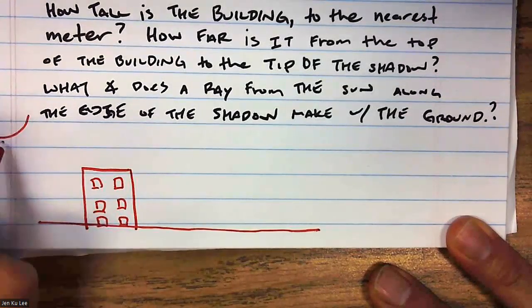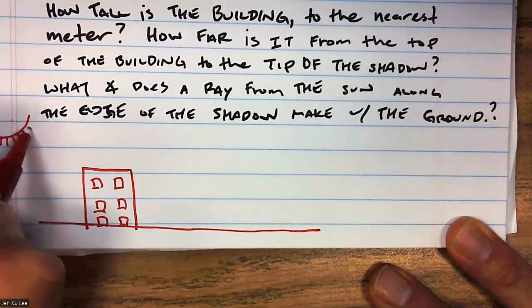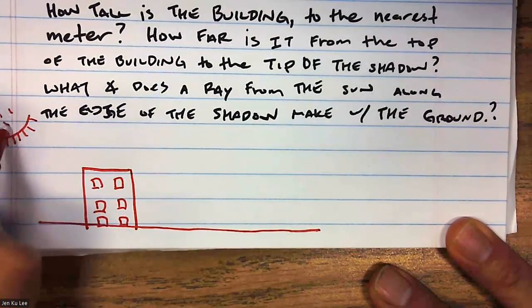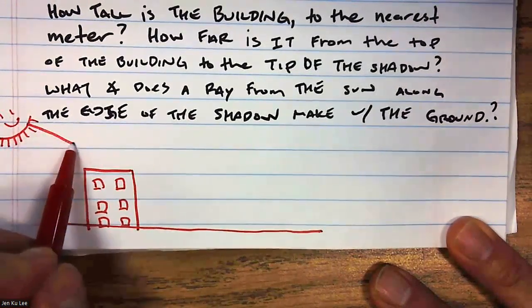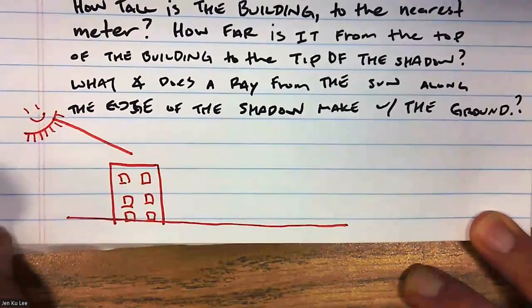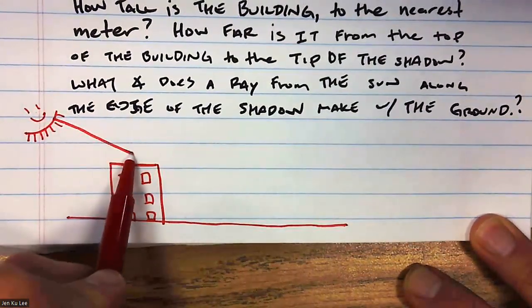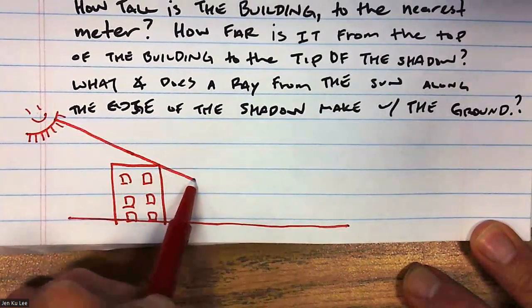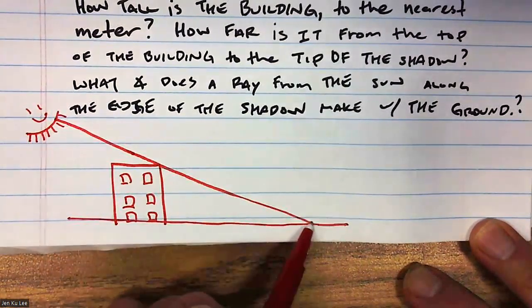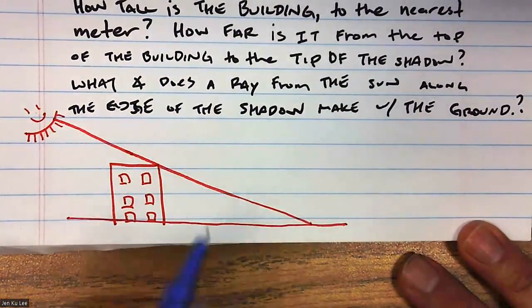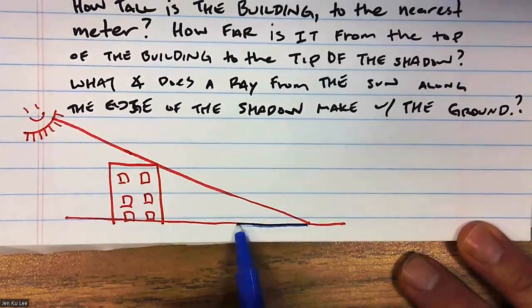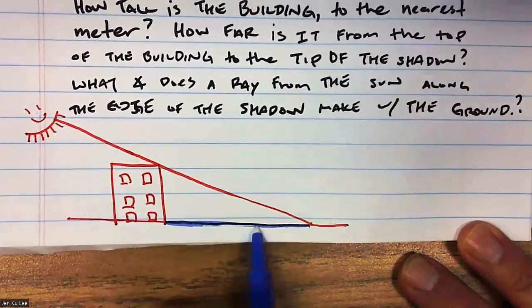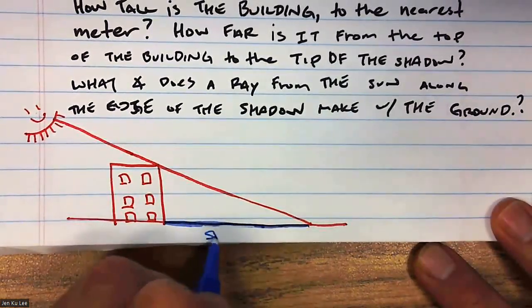And here's my sun. And it casts a shadow. This is the ray going down. This part here in blue is my shadow.